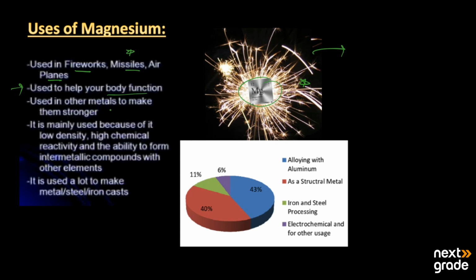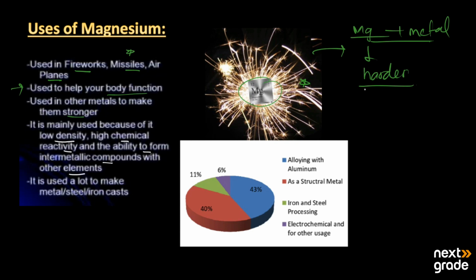The other use of the metal is to make other metals stronger. So we can add magnesium to other metals to make them stronger, because magnesium is harder as compared to sodium. It is also mainly used because it has low density. Density is low as compared to others. It has high chemical reactivity and the ability to form intermetallic compounds with other elements.